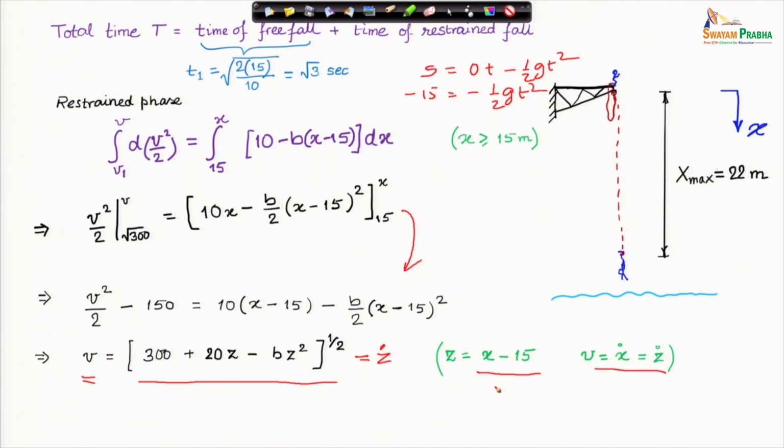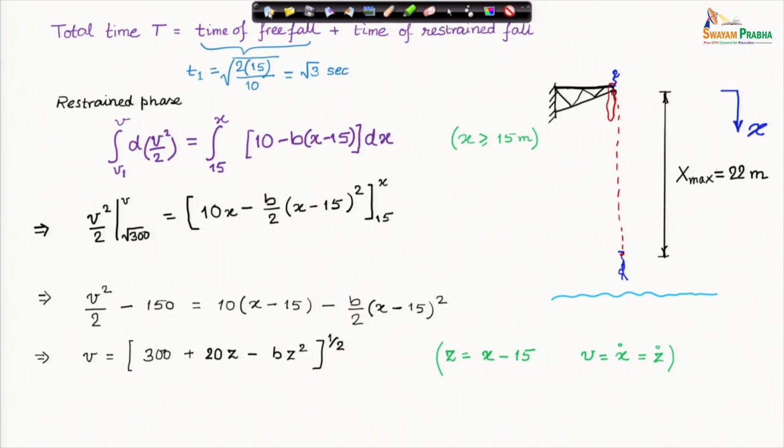If I have this, then I can now write time elapsed. So, dz divided by this under root expression. Now, this integration I have to do.